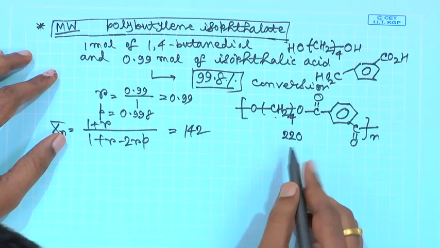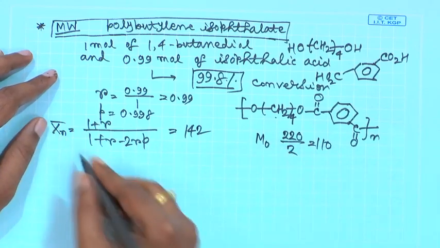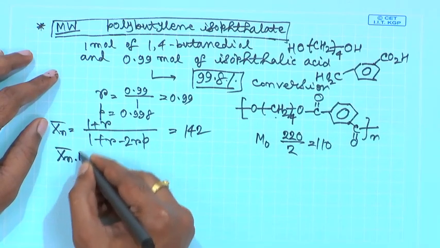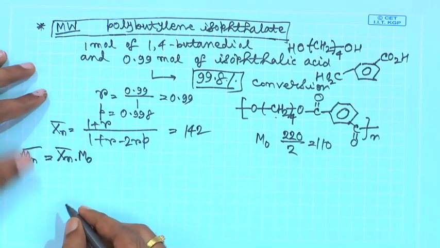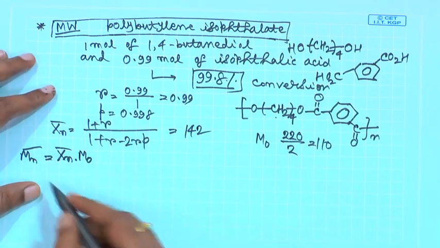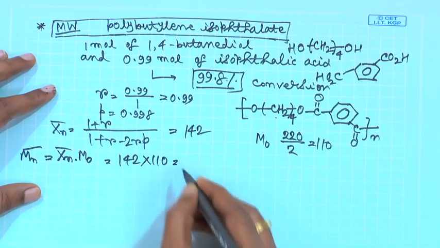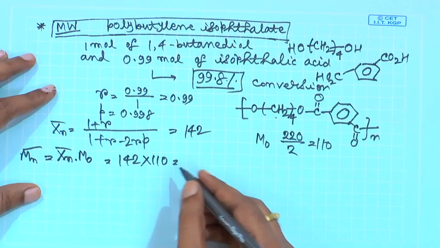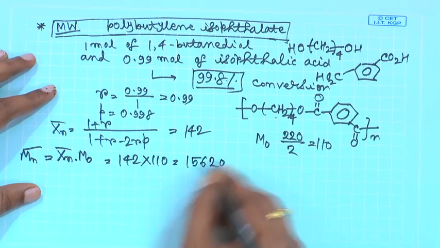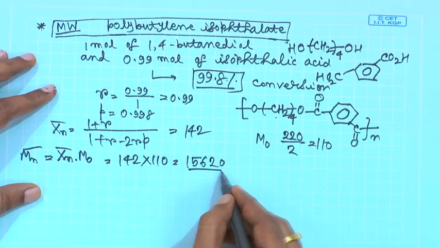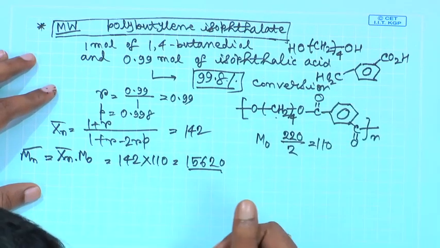So, average molecular weight per structural unit is 220 by 2, which is 110, which is m0. So, your xn bar into m0 will give you the number average molecular weight, that is what you want. It will be 142 into 110, which is 15,620.